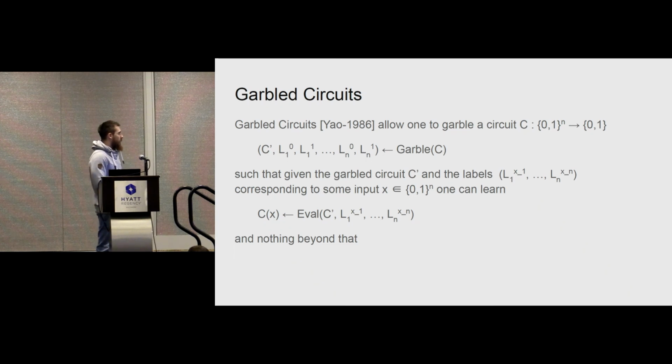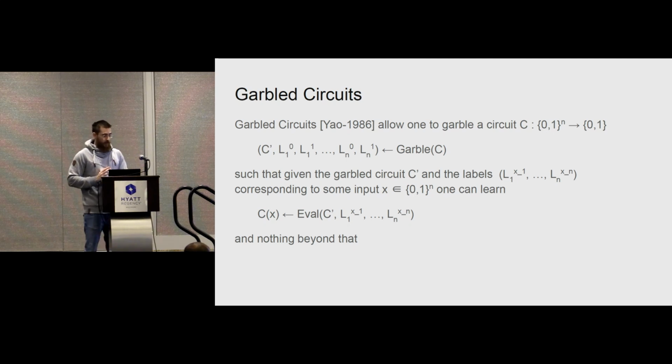The garbling algorithm takes as input a circuit C and produces a scrambled version C prime. And then it produces n pairs of labels, where n is the number of input wires. You can think of it as a label corresponding to each input bit.